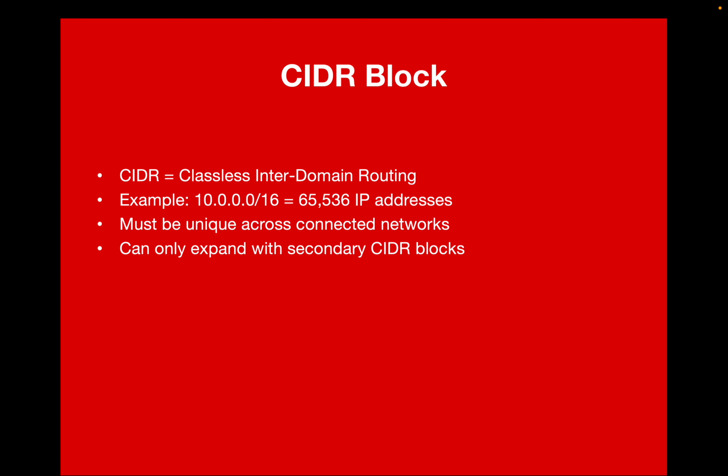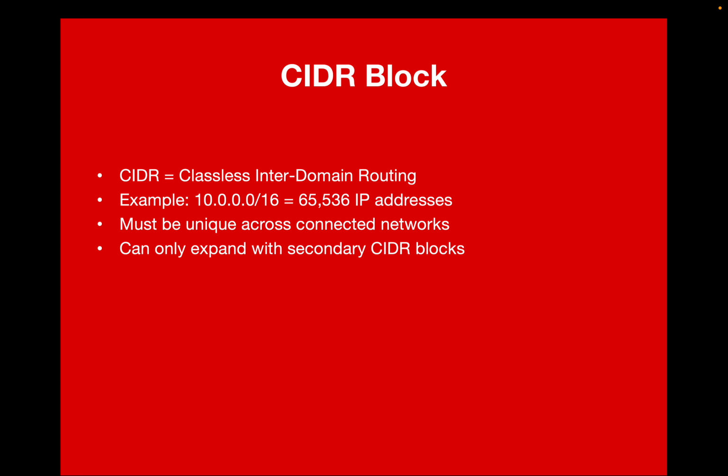We just have to understand that whenever we say a CIDR of 10.0.0.0/16, we basically mean that we are creating a network which can hold 65,536 IP addresses. That means I can hold more than 65,000 machines. So my reserved bits will be 10.0, and my network bits will be 0.0.